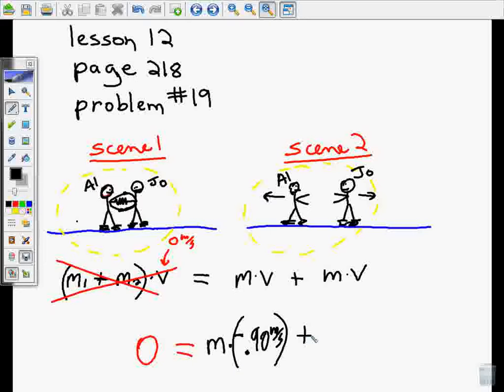And do we know the mass of Joe? Oh, they gave us their combined mass. So we know their combined mass is 168, 168 kilograms is the combined mass.